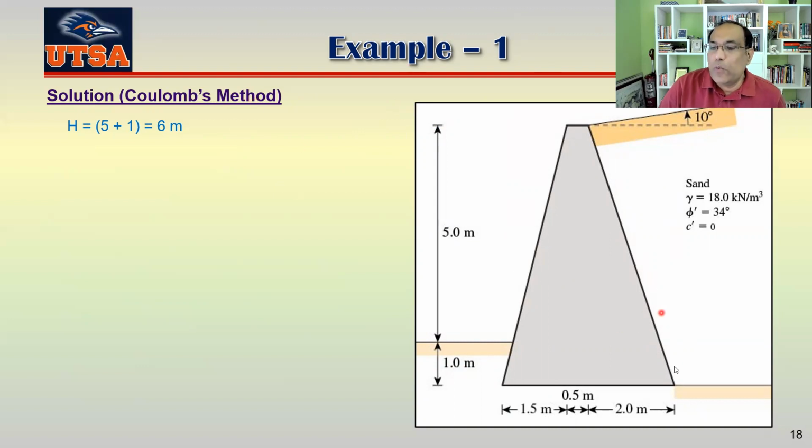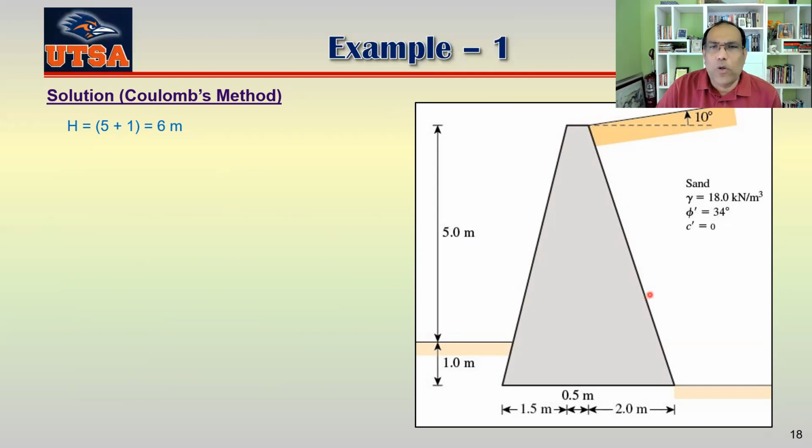For Coulomb's method, we don't have to draw any line AB here. For Coulomb's method, all the time, the force works at the back face here. So whatever the back face is, whether it is vertical or inclined, you always have to consider that to find your active force based on Coulomb's method.